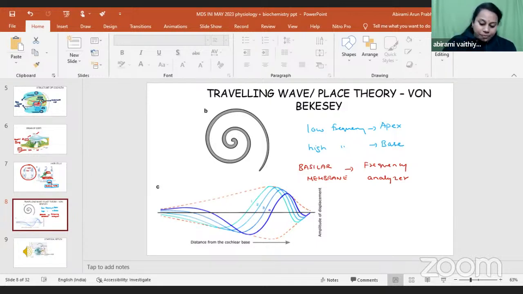So sounds are entering into the external auditory canal, the tympanic membrane. The sound is going to vibrate the tympanic membrane. Tympanic membrane is in contact with the ossicles, the ear bones, malleus, incus, and stapes.